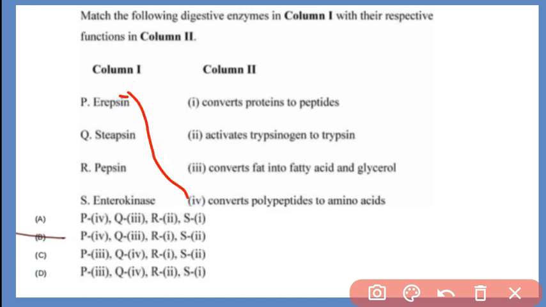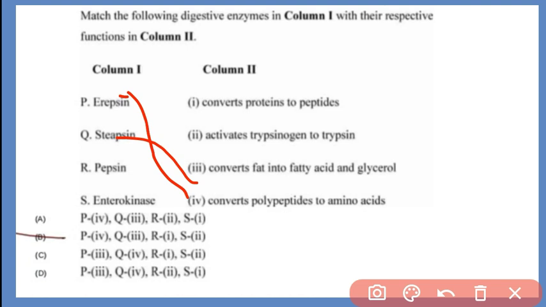Trypsin is also known as a lipase, a digestive enzyme present in pancreatic juice that helps in the digestion of fats. The enzyme catalyzes the breakdown of fats into smaller molecules of glycerol and fatty acids. So it matches with converting fat into fatty acid and glycerol.